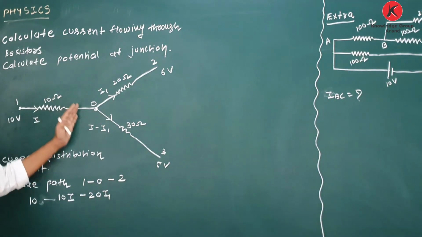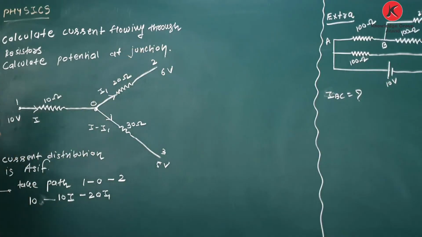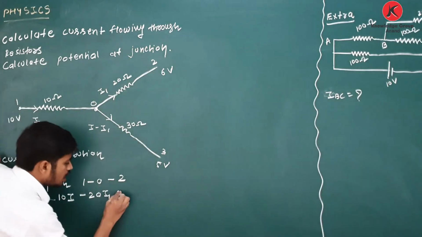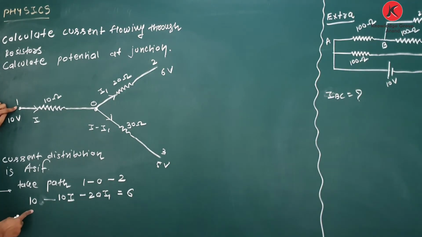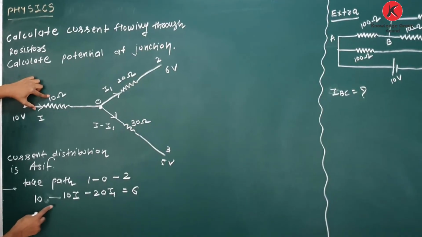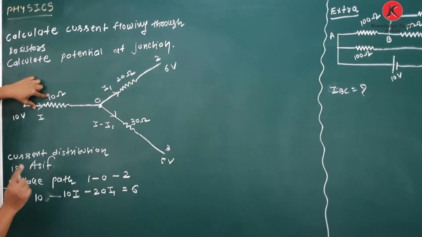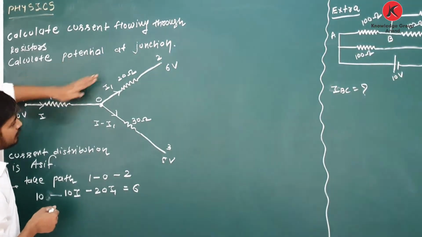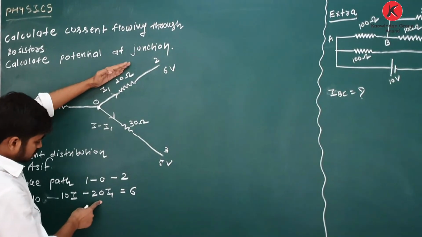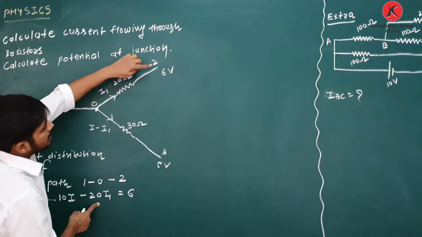Now we reach point 2. What is the potential here? The potential is 6. So, how to apply Kirchhoff's law? Starting from 10 volt, 10 ohm into I, minus 10I, because we are moving in the direction of current. 20 ohm, current I1, again in the same direction, minus 20 I1.